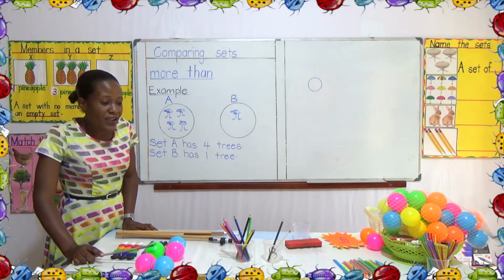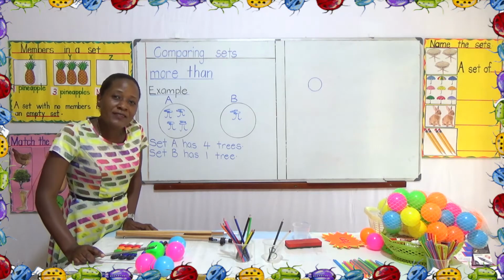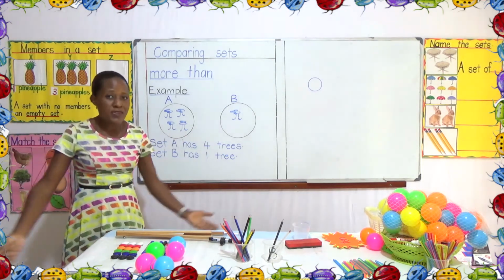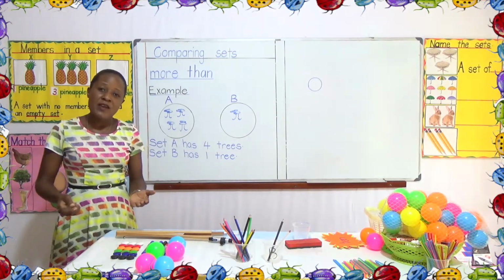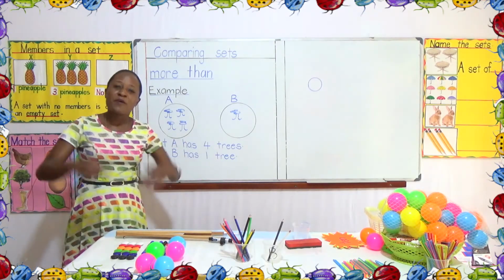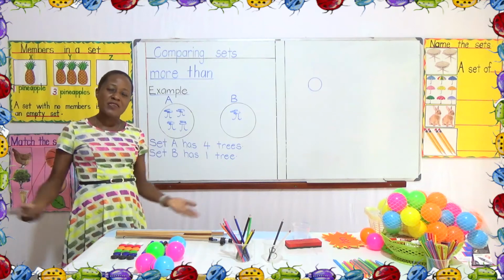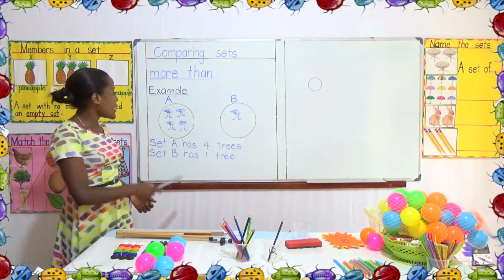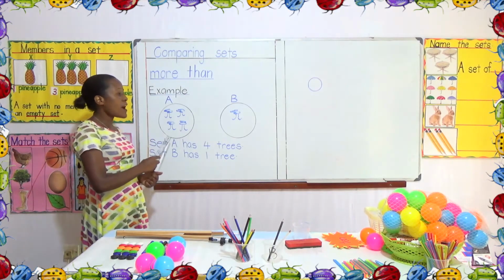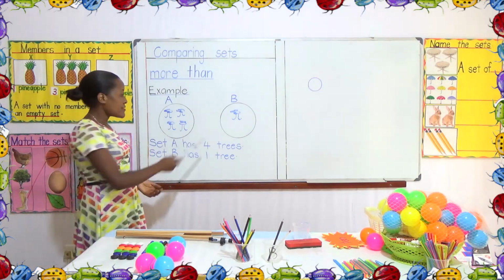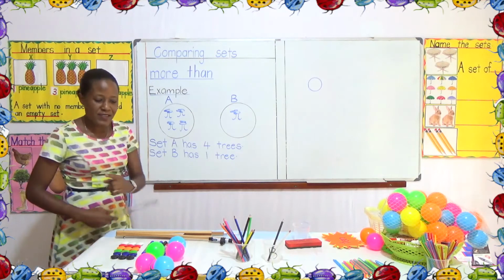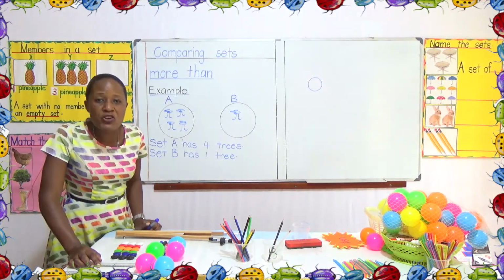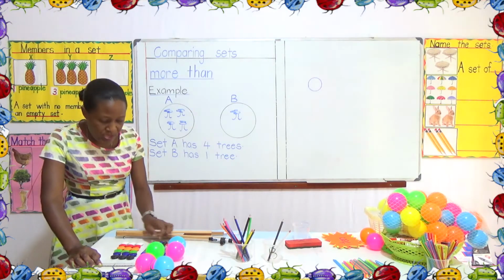Remember we looked at it and said it is used to refer to that set that has many, many more than the other set. So looking at these two sets, set A has 4 trees and set B has just 1 tree. So we shall say set A has more trees than set B.